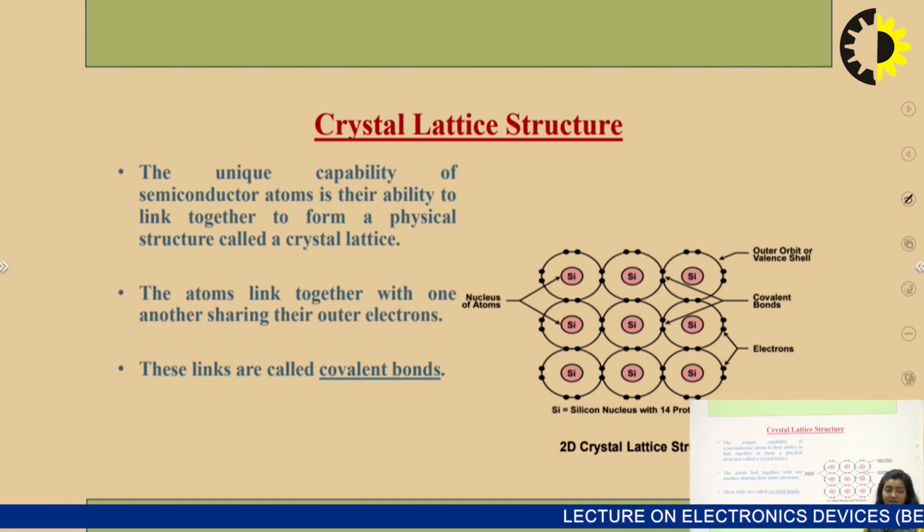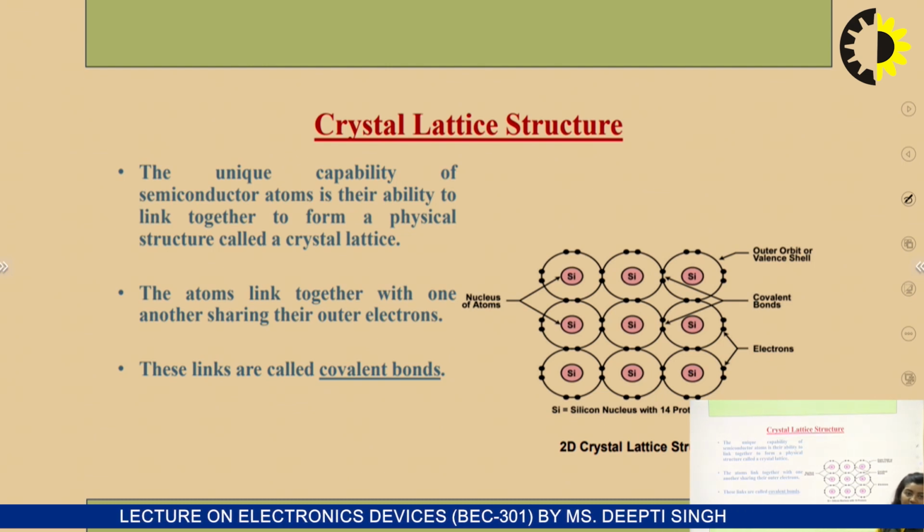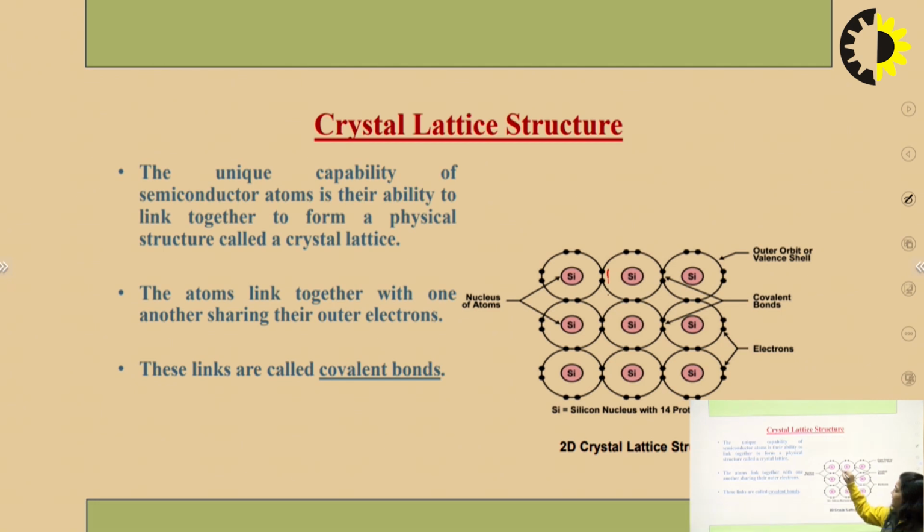This is the unique capability of a semiconductor: its ability to link together in the form of a physical structure called a crystal lattice, like this. The atoms are linked at the same distance with the other atoms. These links are called covalent bonds.